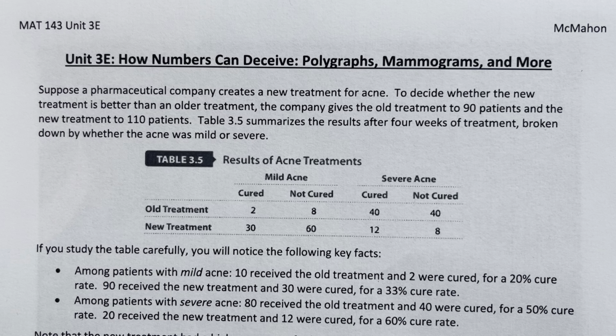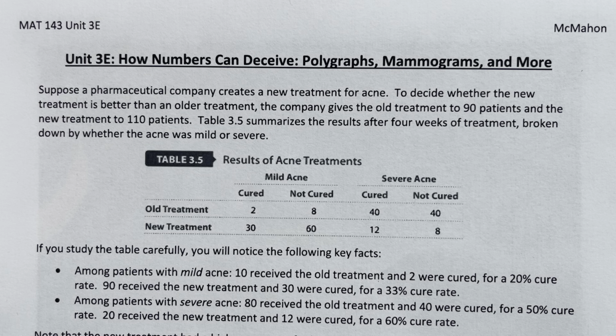The first one, not a big one but a little concerning, is that they gave the old treatment to 90 patients and the new treatment to 110. Ideally, you'd be closer to 50-50, so 100 and 100. I'd say not a huge deal, but it is a little concerning.